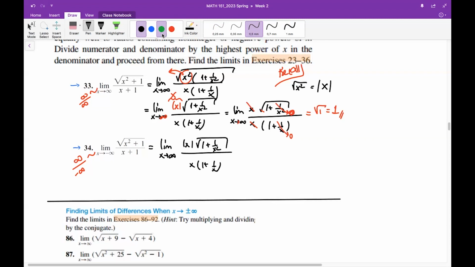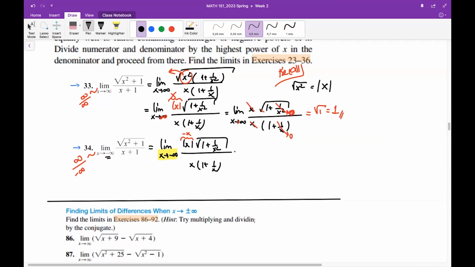Okay, so this time, tell me, by the way, let me put minus infinity because it is the question. x goes to minus infinity, then what is the sign of x? x is around minus infinity, so it's negative. That's why I will evaluate this absolute sign as minus x this time, because x is negative.